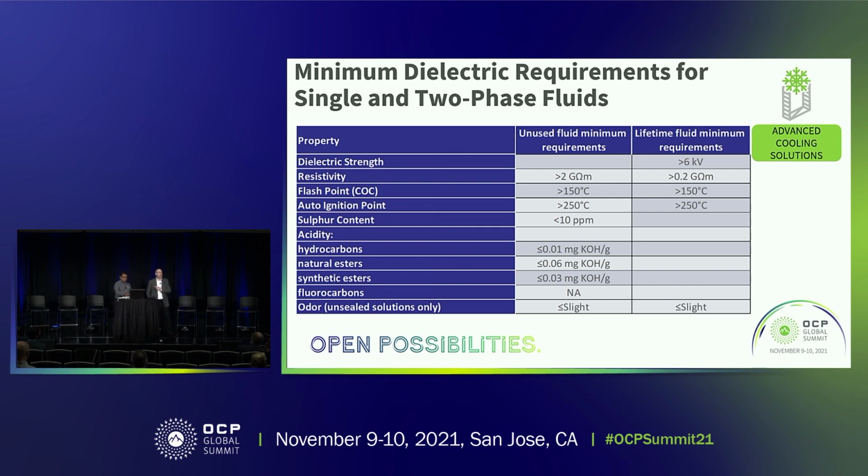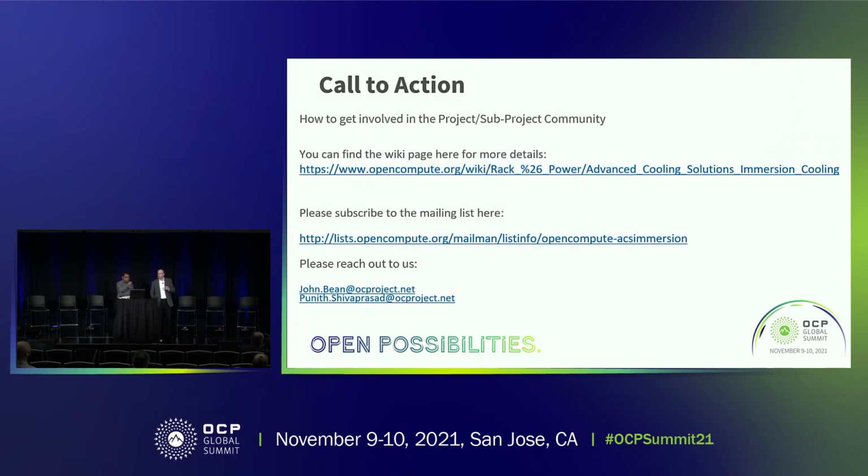I think we had the call to action here, if you could go there. You could send an email to Puneeth or myself, and we would certainly take that into the committee, discuss it with them, and make sure that we're all in alignment and give you a number that the whole group stands behind, rather than, oh, John Bean said at OCP. Okay? So I'm sorry to punt that, but I don't want to mislead.